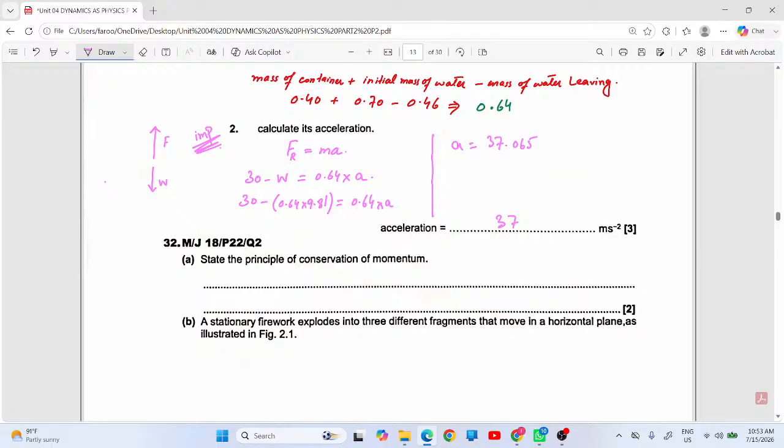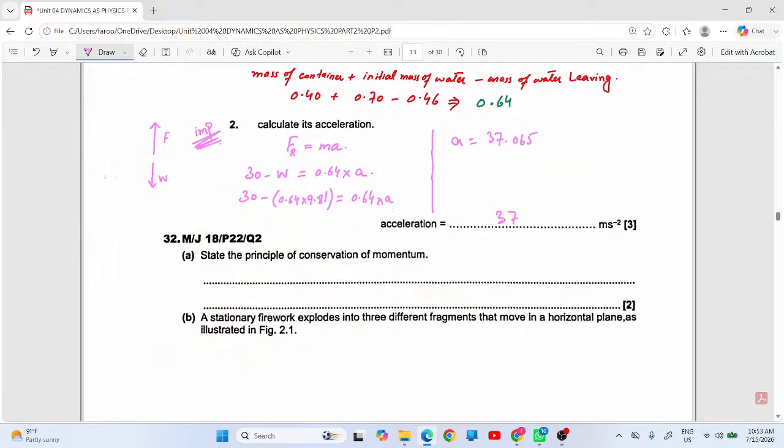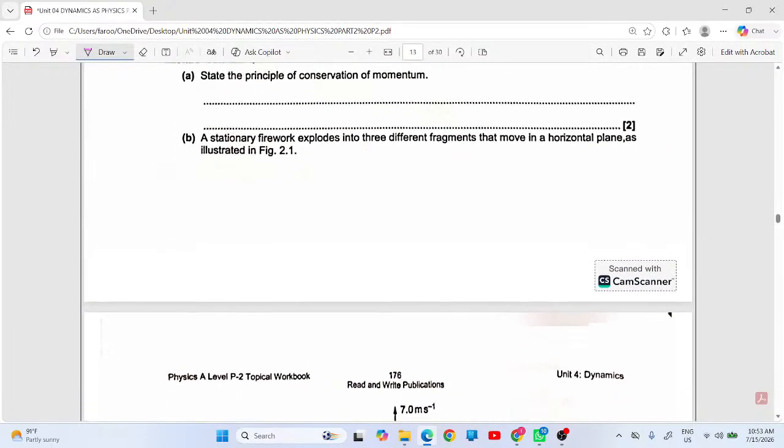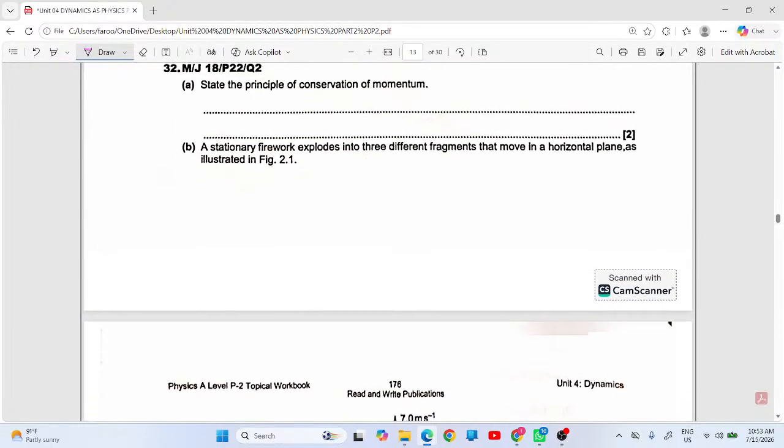Any confusion? No, sir. Next: state the principle of conservation of momentum.